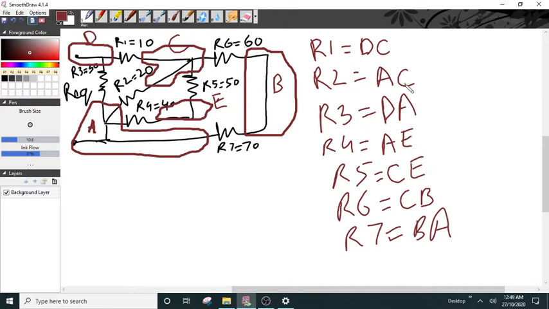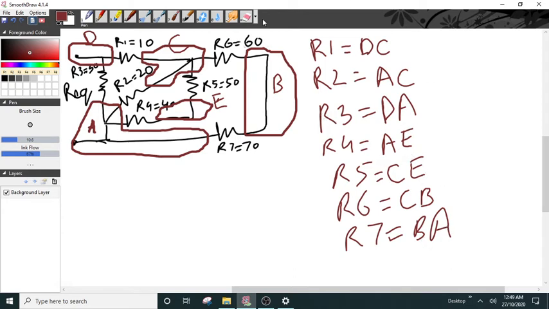And then if we see AC, there is no AC or CA. Then DA, there is no DA or AD. Then AE, there is no AE or EA. CE, there is no CE or EC. CB, so there is no resistor that is connected in parallel with each other.